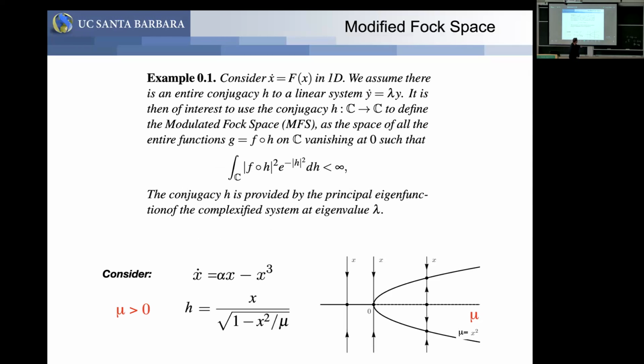So I just told you the story in 1D. That h is actually the conjugacy or the eigenfunction at the lambda, which is the linearization at the fixed point. So your lambda is actually the linearization of the fixed point. You can get it from linear analysis if you wish. Here we have this bistable system. Your h is going to be something that is singular at these fixed points, but it's actually valid everywhere else.